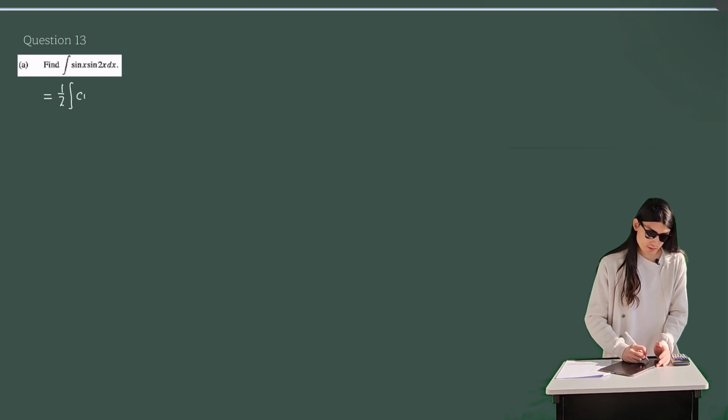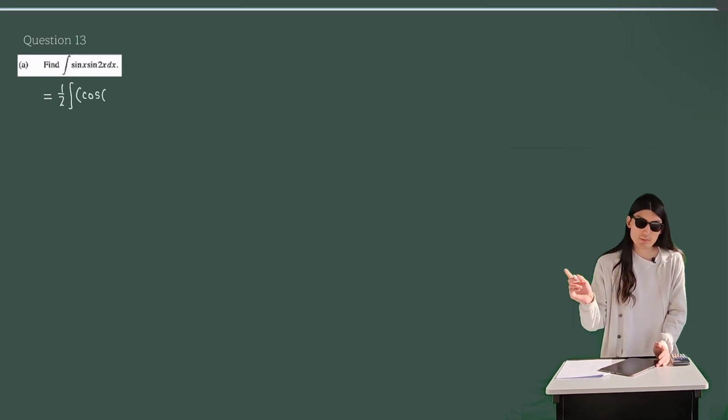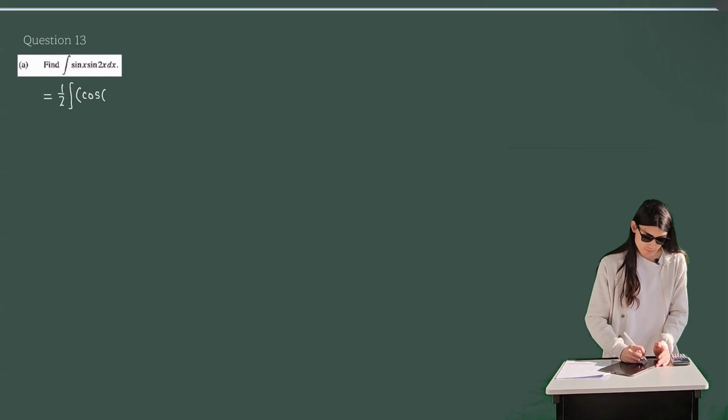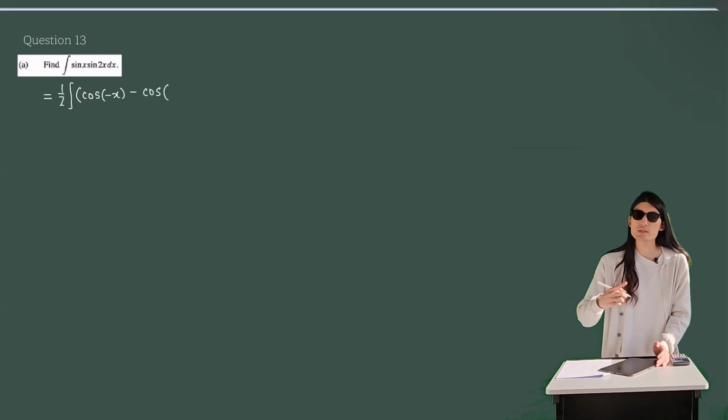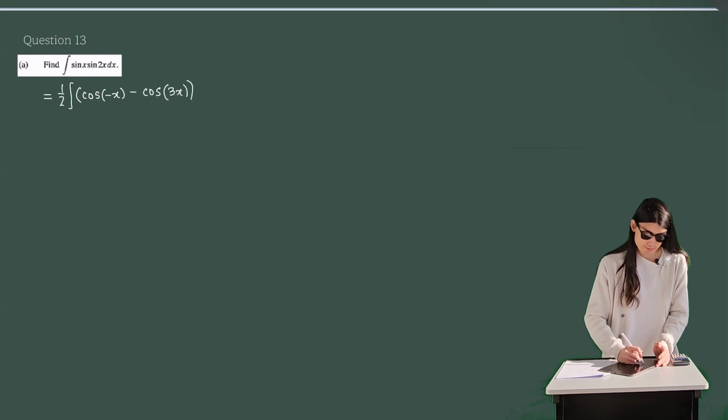The products to sums formula tells us sine A sine B is cosine of A minus B, so x minus 2x, which is negative x, minus cosine of A plus B, so x plus 2x, 3x.